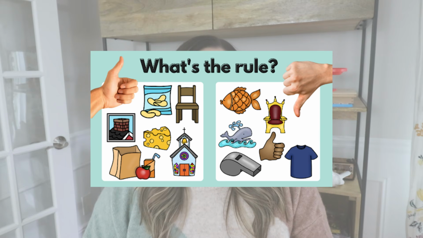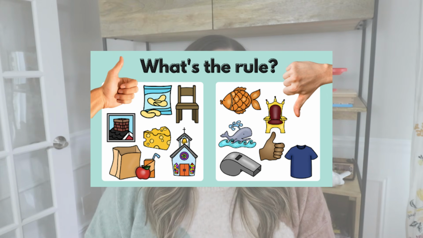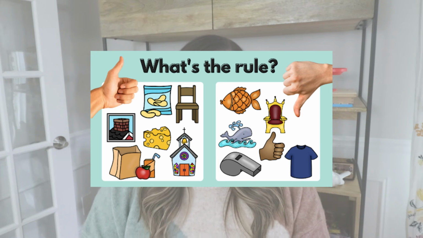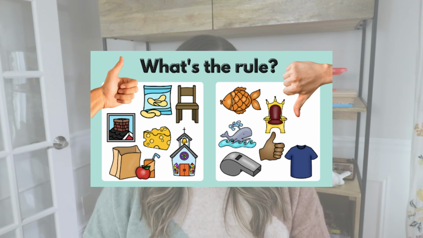So as we say each of these words aloud, chips, chair, church, lunch, we can hear that ch sound. Then of course we'll check the thumbs down side just to make sure and confirm that that is the rule. I have those slides for a ton of different phonics concepts, so I will link them down in the description. It is a really fun way to kick off a lesson that's slightly different.